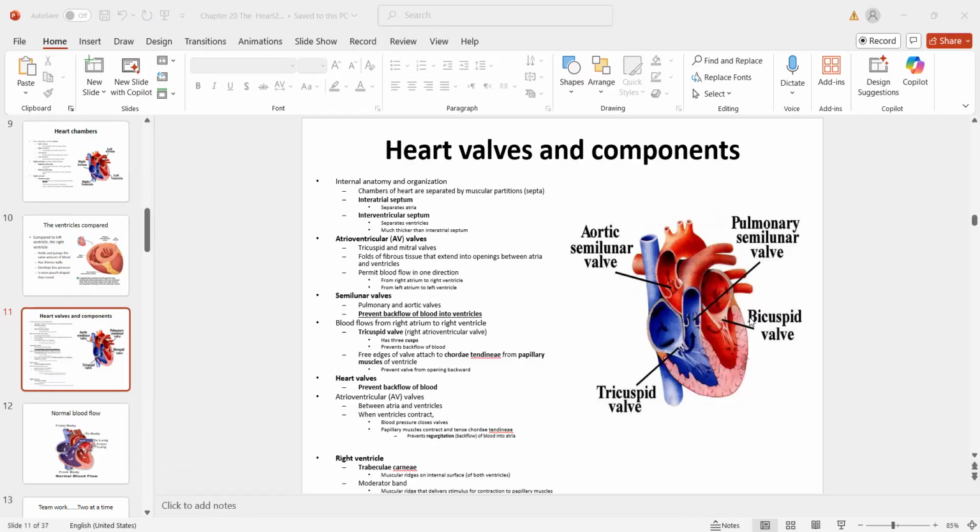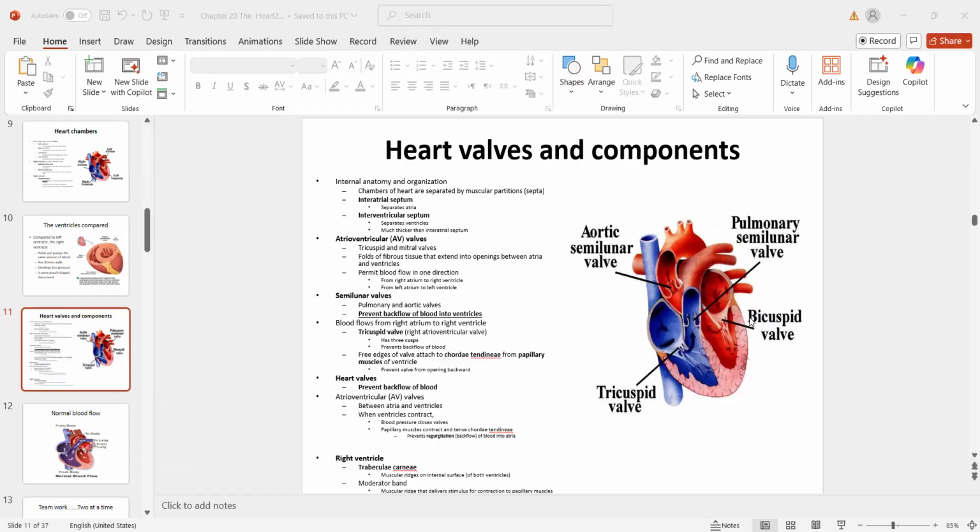Blood travels from the right atrium into the right ventricle through a broad opening, bordered by three fibrous flaps. These flaps, called cusps, are part of the tricuspid valve, also known as the right atrioventricular valve.